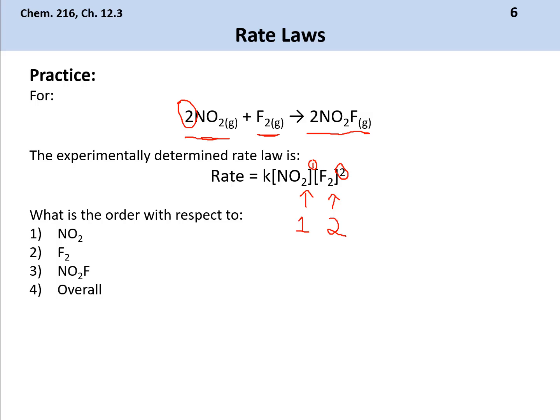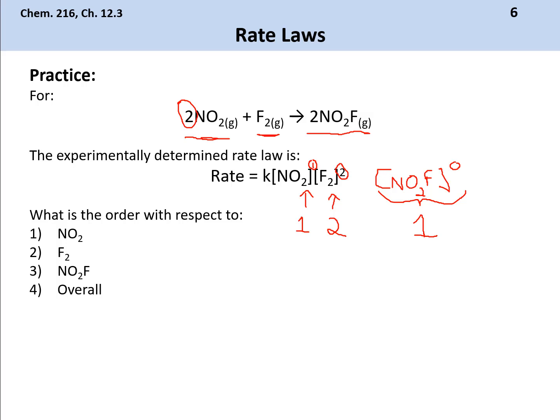How about NO2F? Do we see NO2F anywhere in this rate law? No. So that's the same as NO2F to the 0, because anything to the 0 is equal to 1.